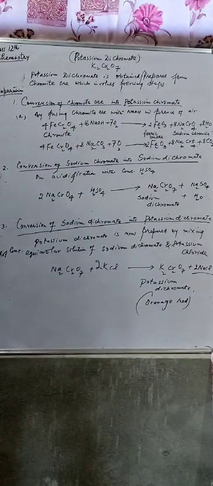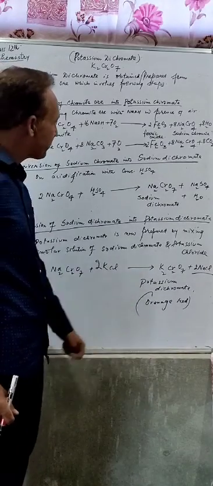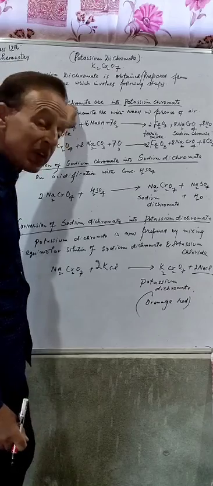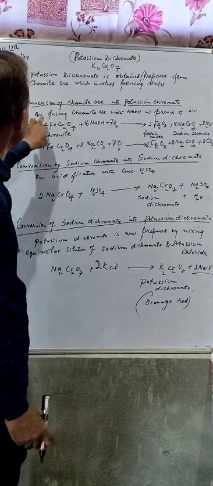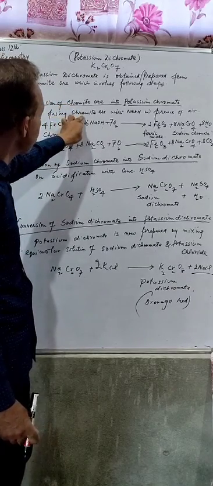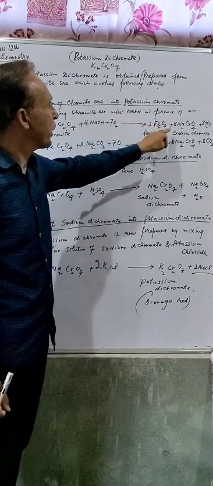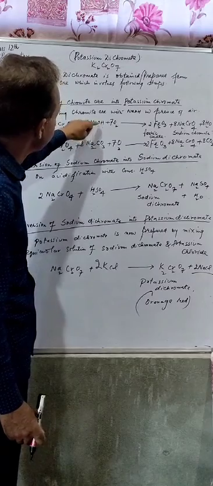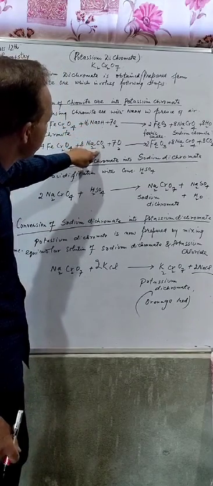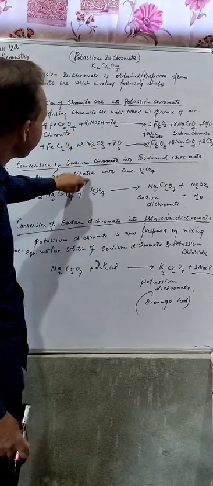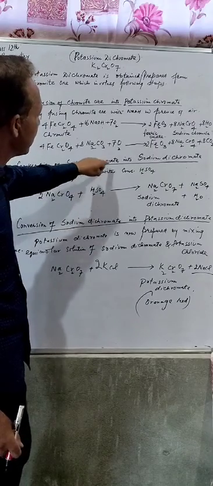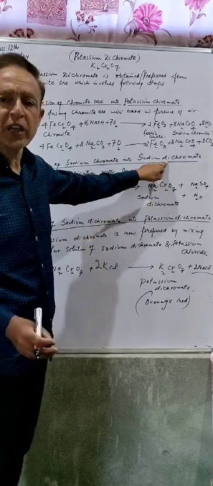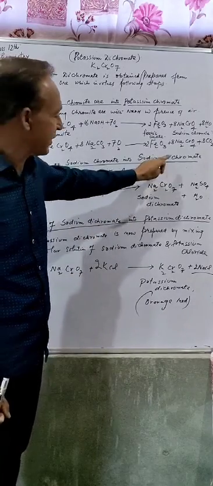In this way, potassium dichromate is obtained from chromite ore by involving three steps. In the first step, we convert the chromite ore into sodium chromate by treating it either with sodium hydroxide or with sodium carbonate. In the next step, the sodium chromate is converted into sodium dichromate. Then we acidify it with concentrated sulfuric acid.